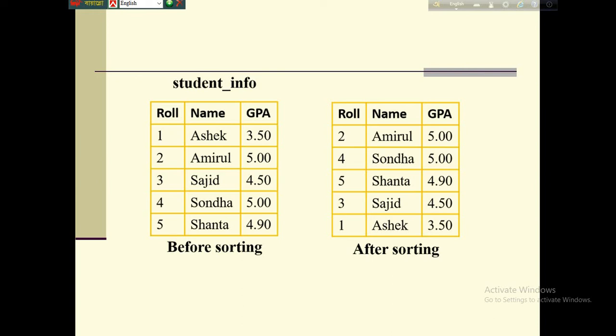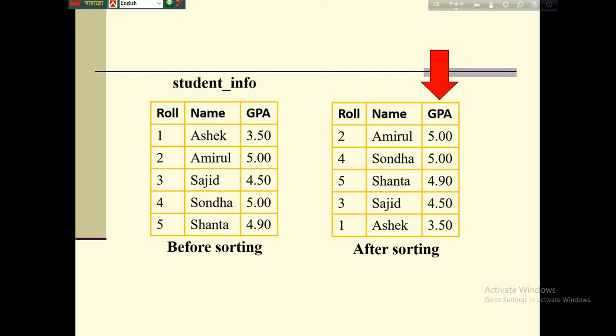But after arranging or sorting the GPA in descending order, the table becomes GPA 5, 5 again, then 4.9, 5.0, 3.00, like this. So the main file is changed and turned into a sorted file. Before sorting and after sorting, you can see the changes in the GPA field. GPA is changed in descending order.